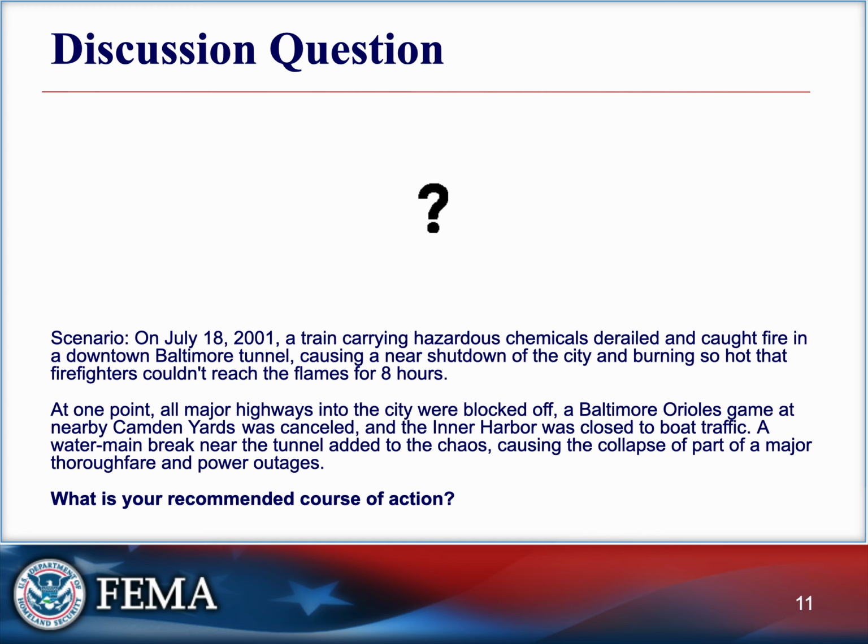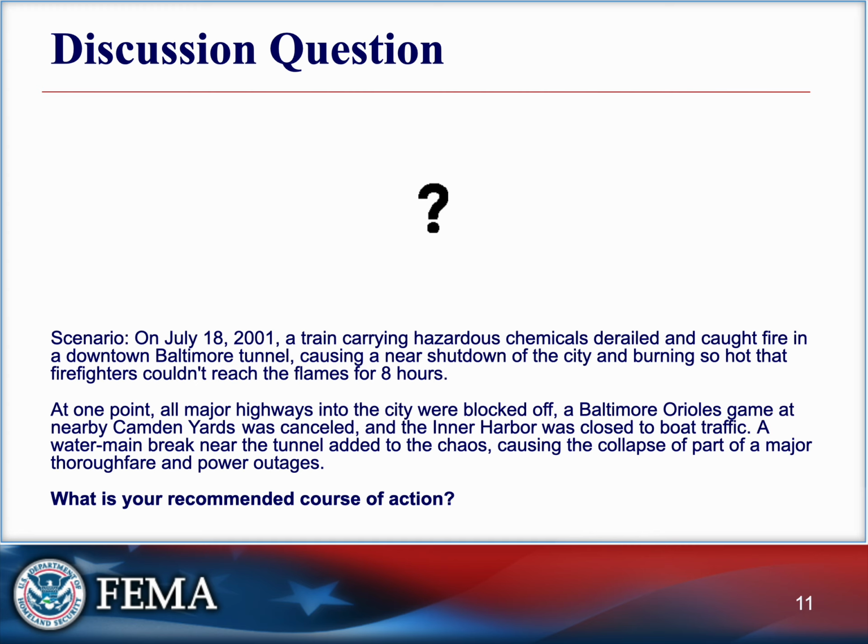So let's have another discussion. Imagine this freight train derailment, and after this we'll ask ourselves a couple questions. On July 18, 2001, a train carrying hazardous chemicals derailed and caught fire in a downtown Baltimore tunnel, causing near shutdown of the city and burning so hot the firefighters couldn't reach the flames for about 8 hours.